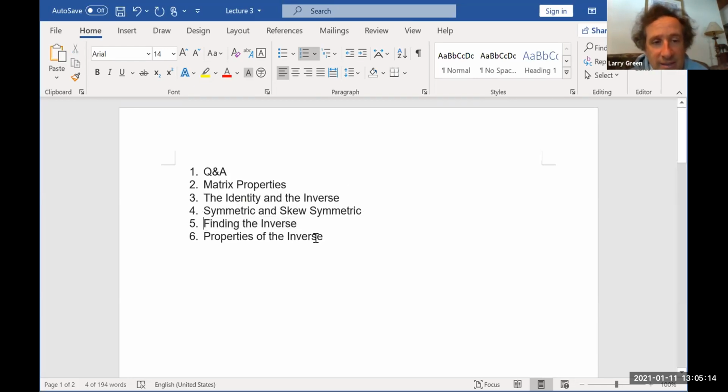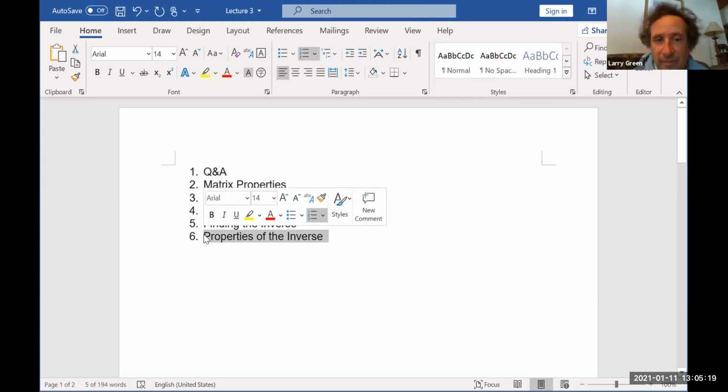And then we'll talk about properties of an inverse matrix. What things can you do? For example, if we have two matrices A times B, and we want to find the inverse of A times B, is it the inverse of A times the inverse of B? What do you think? Any guesses?